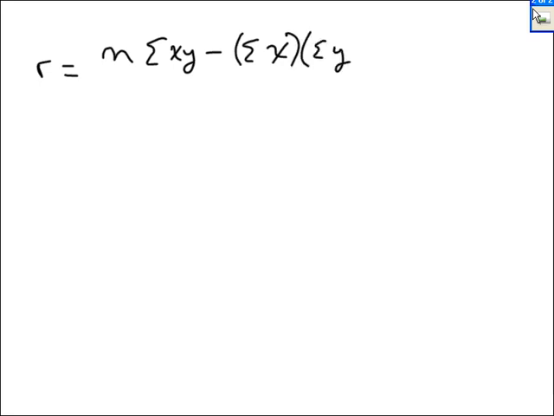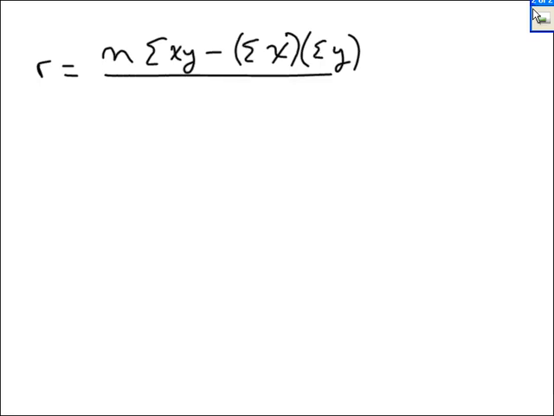The name for this value is the letter R. And R is equal to N, the number of data points, times the summation of xy. That is, you add up all the x times y's, and then you take away the sum of the x's times the sum of all the y values.